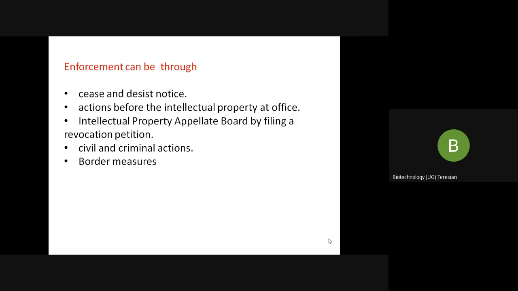What you can do is you still have a remedy to challenge it before the intellectual property appellate board by filing a revocation petition.